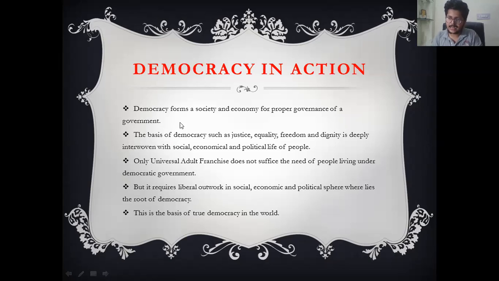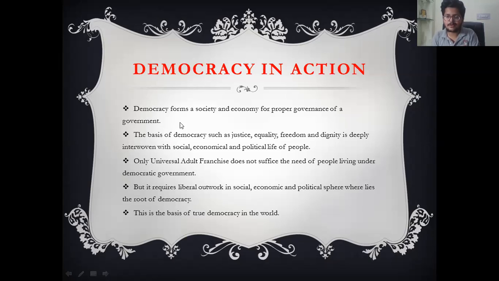The person that gets the maximum votes forms the government. So universal adult franchise provides everybody the right to vote irrespective of social, economic, and political life.